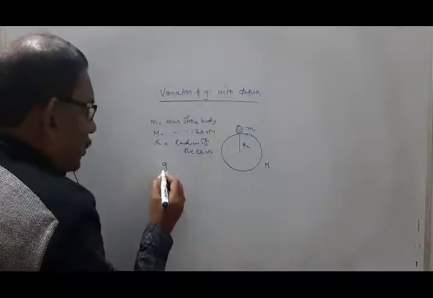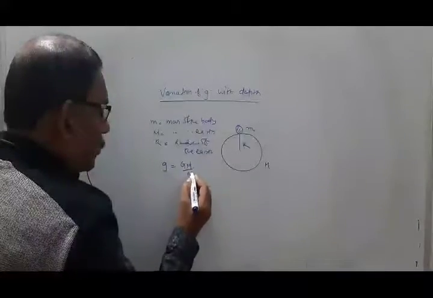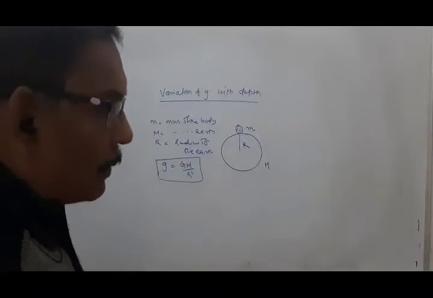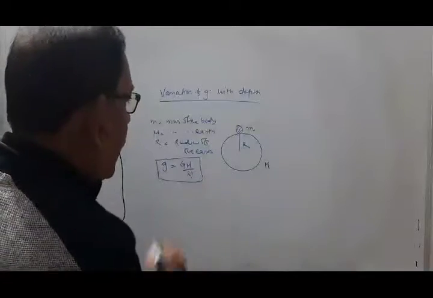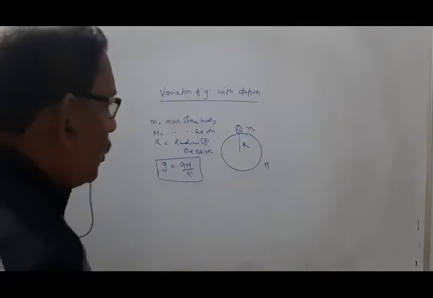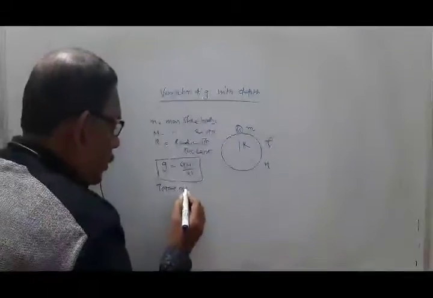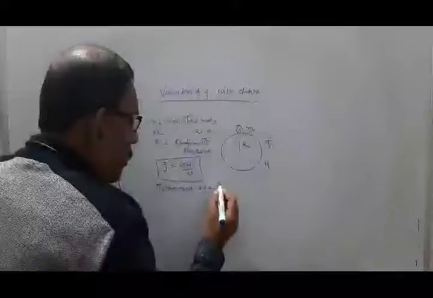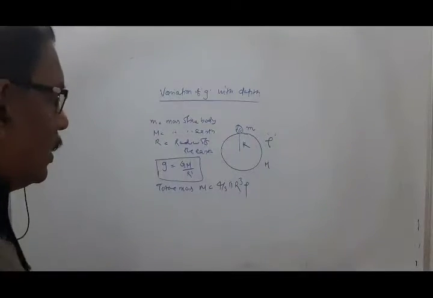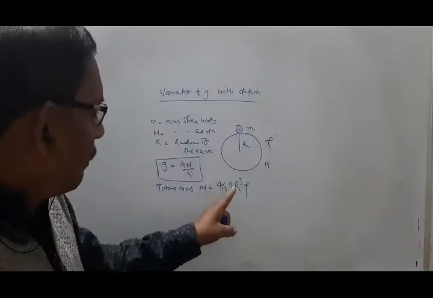Now the acceleration due to gravity on the surface of the earth is g = GM/R², already discussed in the previous class. Since earth is considered a sphere having density rho, the total mass M = 4/3 πR³ρ.